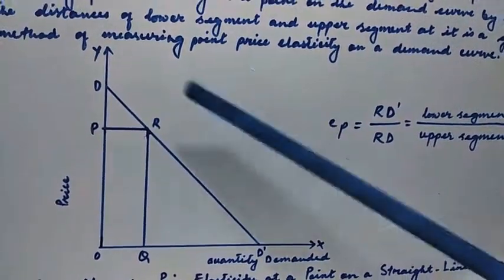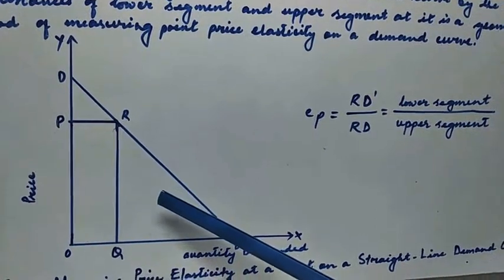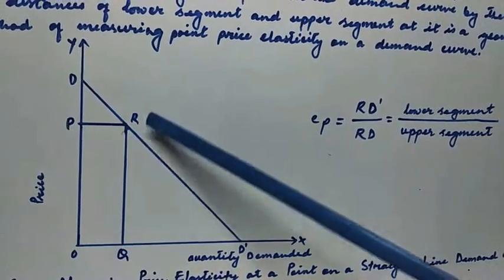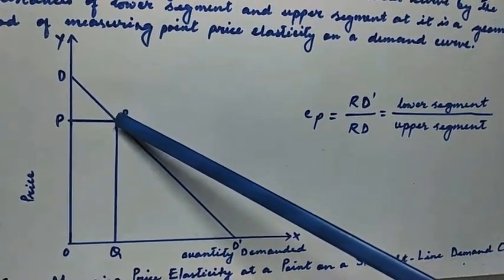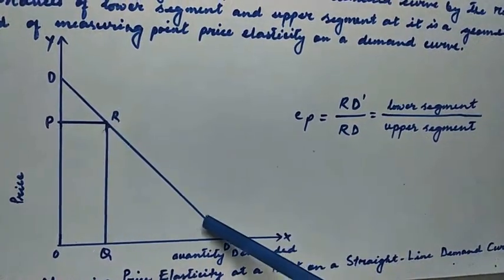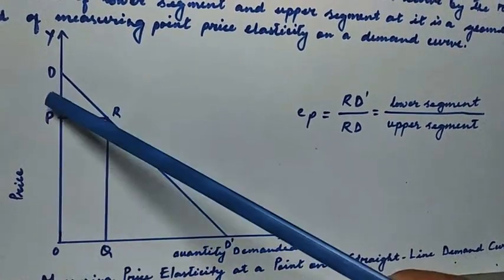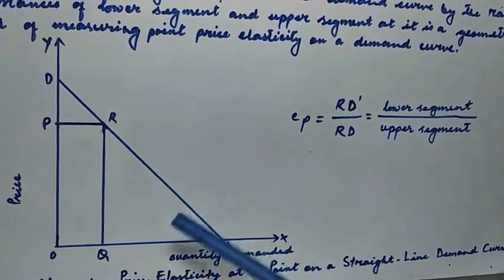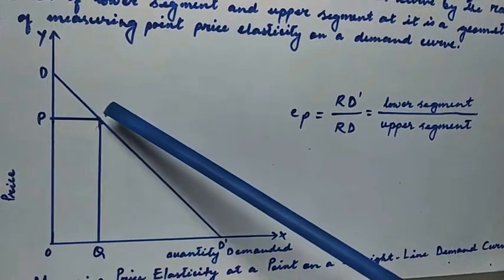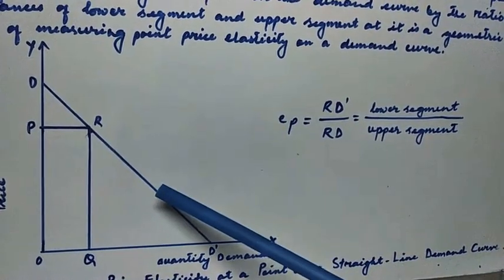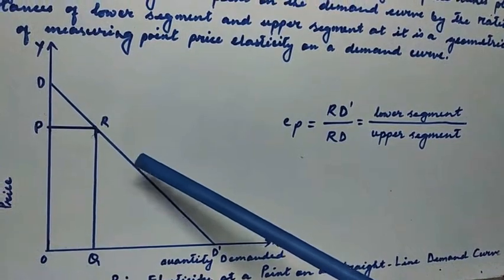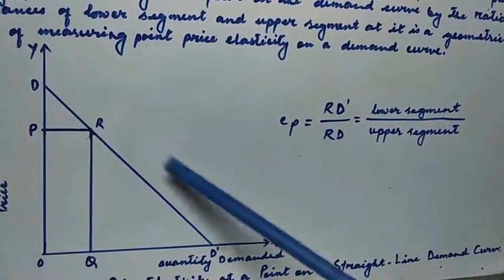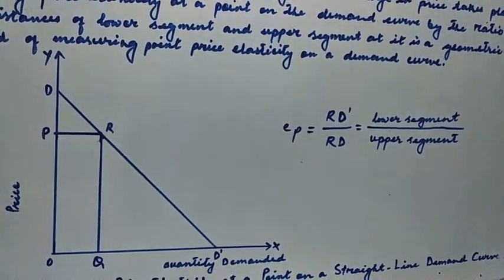You will see from this diagram that corresponding to this point R on the straight line demand curve d dash, price is OP and quantity demanded is OQ. Then price elasticity at point R on the straight line demand curve d dash will be given by RD dash divided by RD, that is the lower segment of the demand curve and the upper segment of the demand curve.